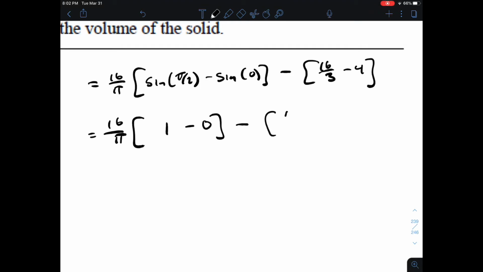And then over here, 16 thirds. We're going to change the 4 to 12 thirds. So here I'm going to get 16 over pi. And then I'm going to have 16 over 3 minus 12 over 3, which is 4 over 3.